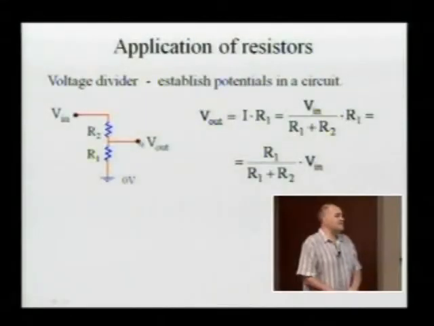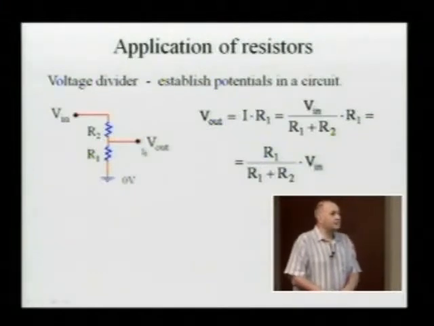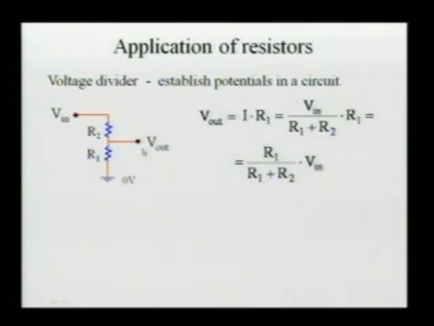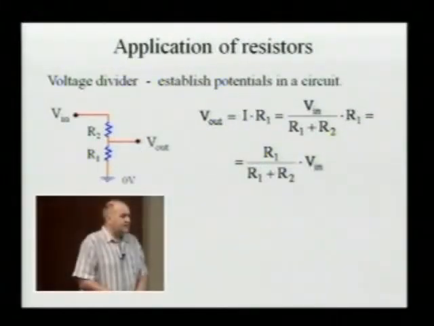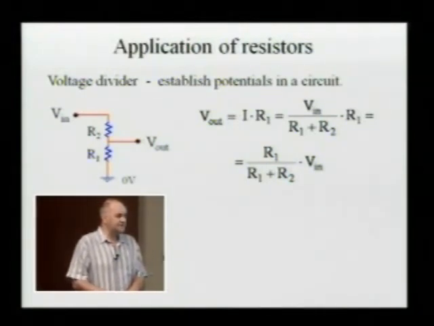This arrangement is for a case where whatever is connected here, like the input of a transistor, like a field effect transistor, for example, consumes very little current, practically zero.